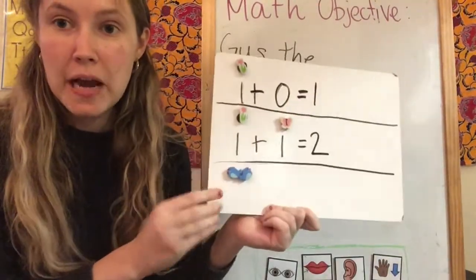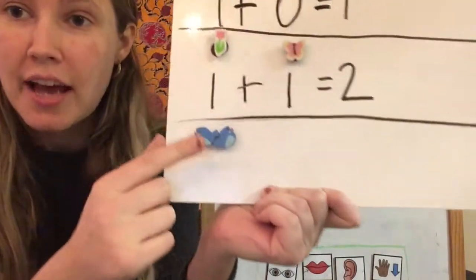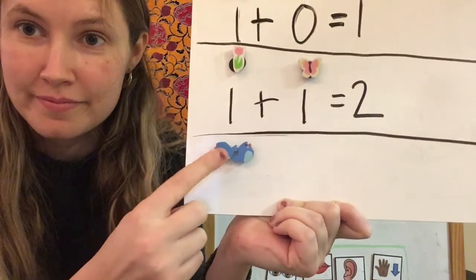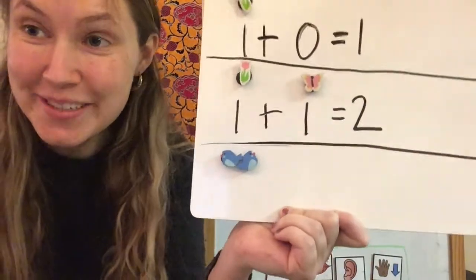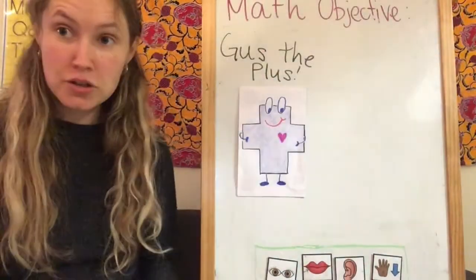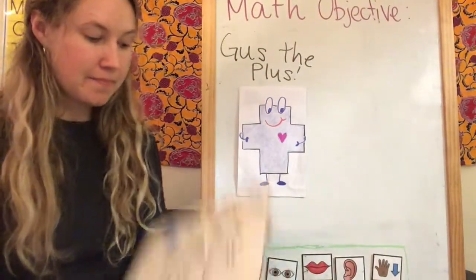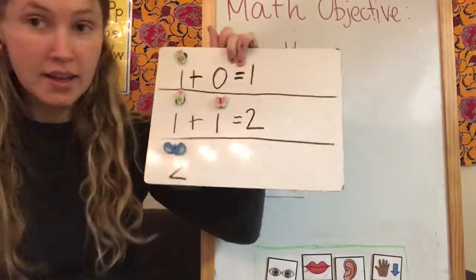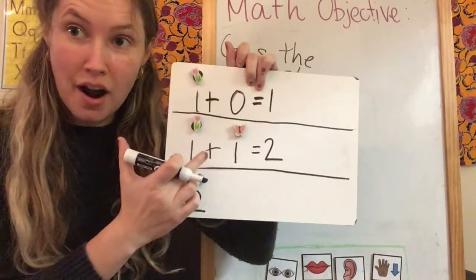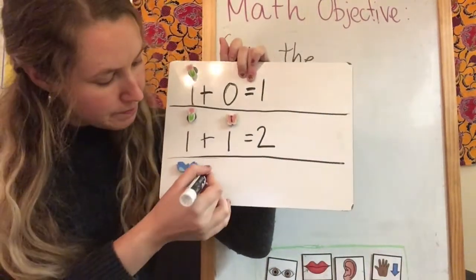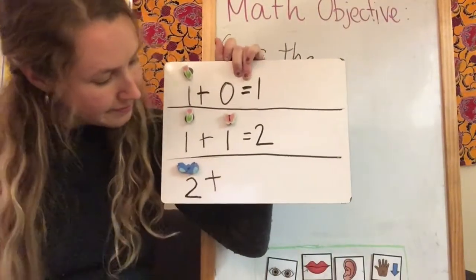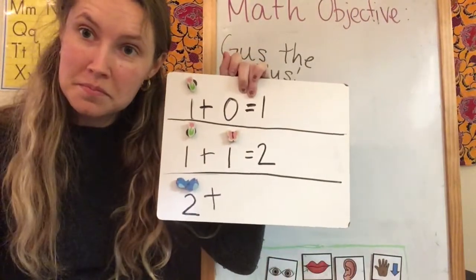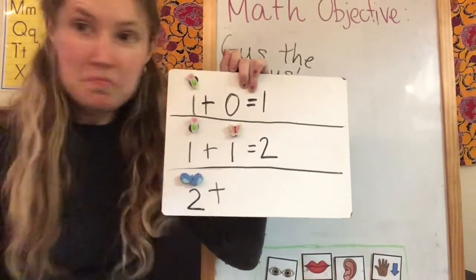Okay, so now I've got some birds here. How many birds do I have here? 1, 2. I have 2 birds. So I'm going to start by writing a 2. Now remember, next we have to put our Gus the Plus. Now, do I have anything here? Nope, I don't.